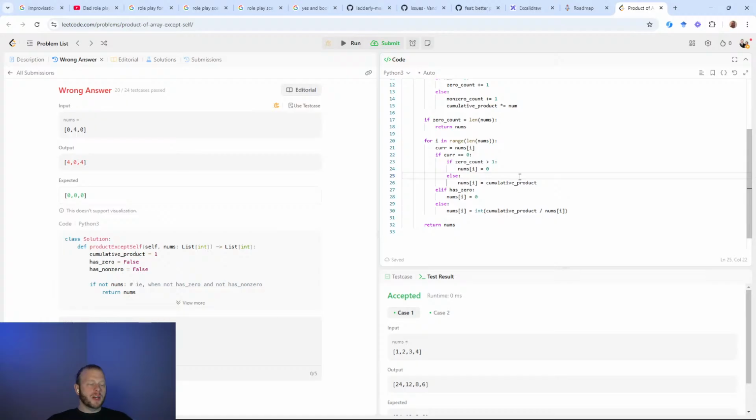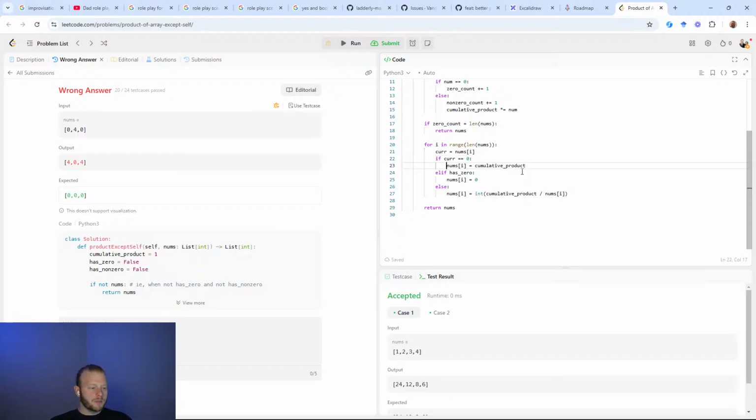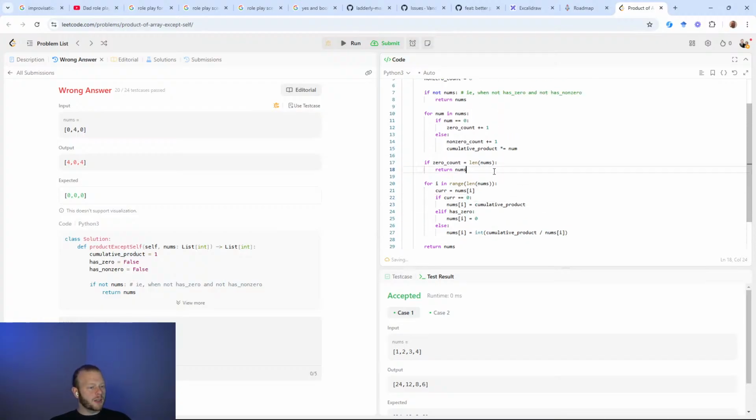Let's see, I don't know if I can denest it. I think so. If the 0 count is greater than 1, then it will always be 0.